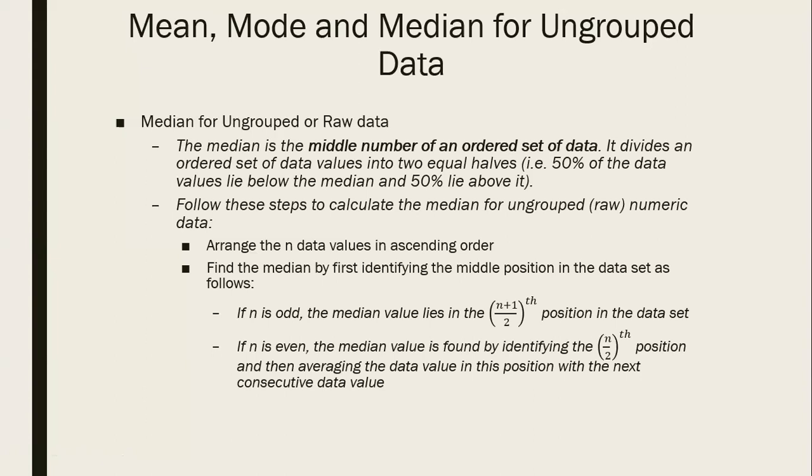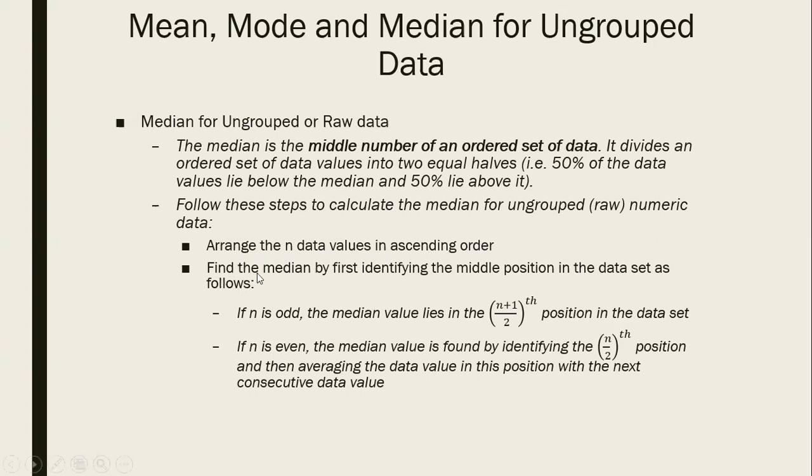So the median divides an ordered set of data values into two halves. It is a value that divides the set of data into two. So when you are calculating the median, the first thing is to arrange in ascending order.